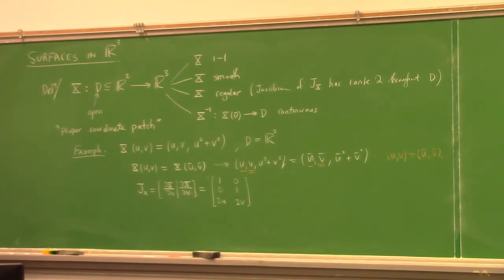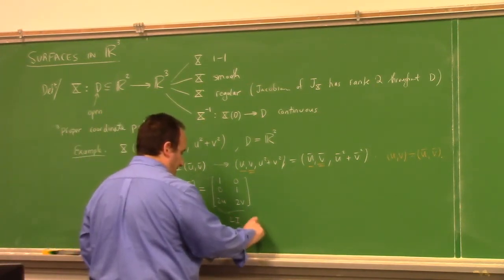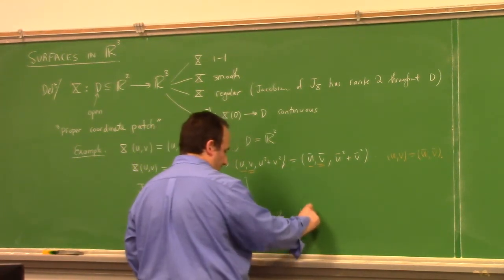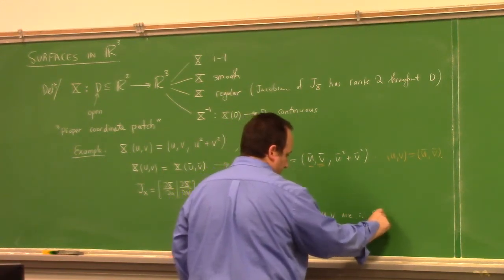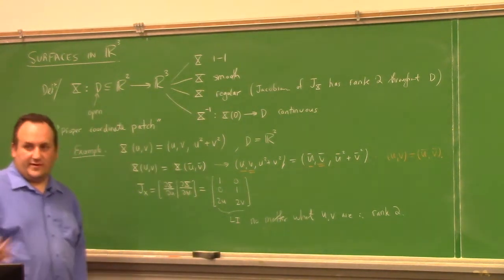And so those vectors are linearly independent, no matter what u and v are. Therefore, rank 2. Consequently, this map is regular.